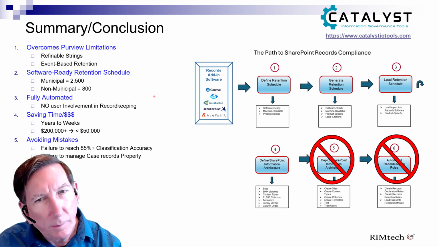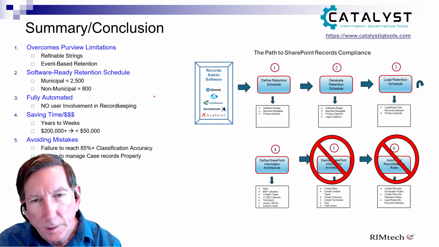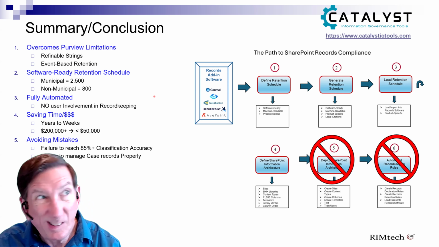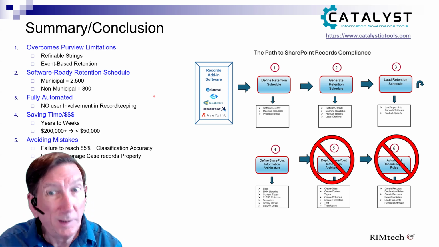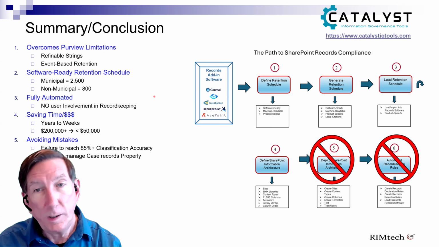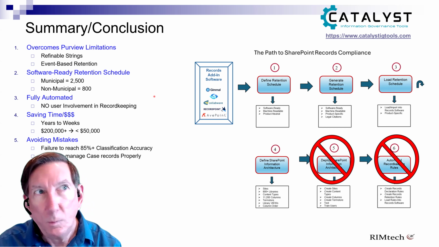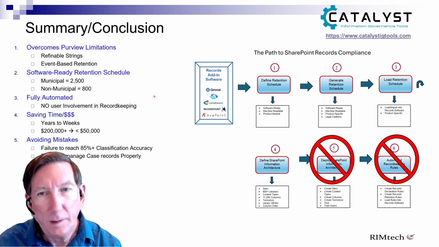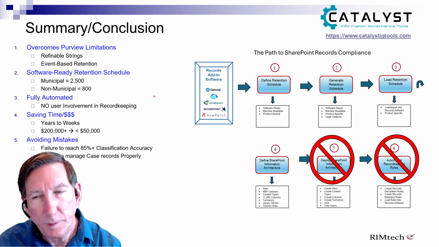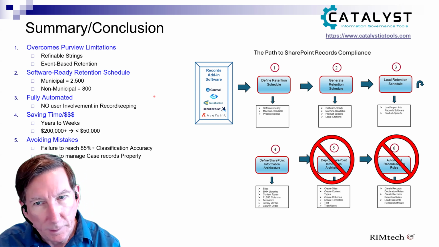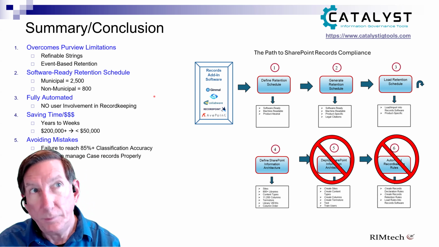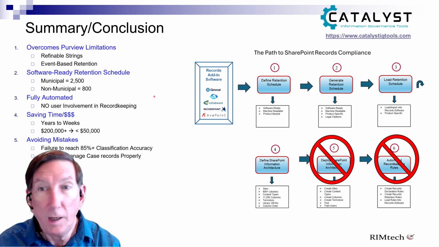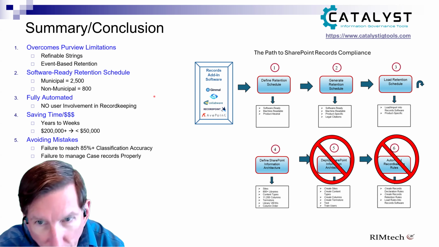And equally importantly, with Catalyst, you avoid the 2 fatal mistakes that basically every single EDRMS project out there makes. Number 1, they can't do a disposition. Why not? Because they haven't hit the minimum threshold of 85% classification accuracy. That is a life or death thing for an EDRMS. And yeah, we have a YouTube video on that too.